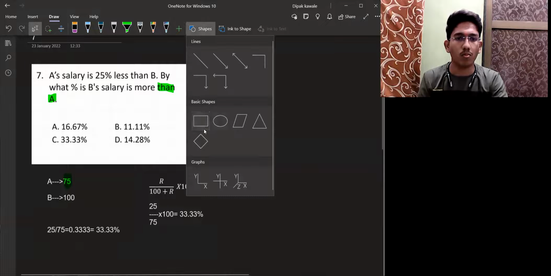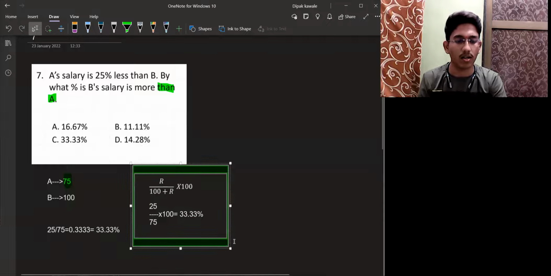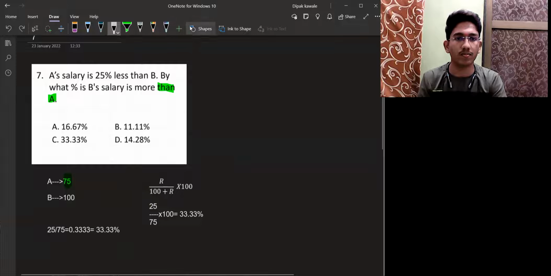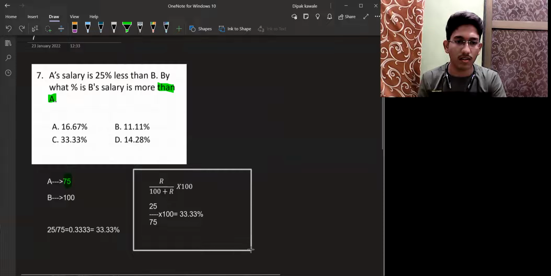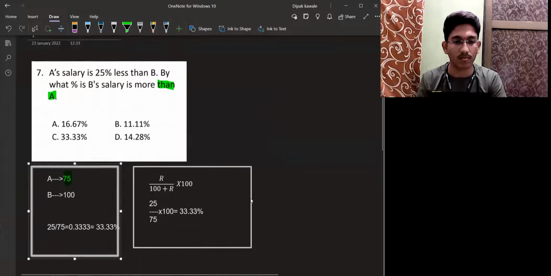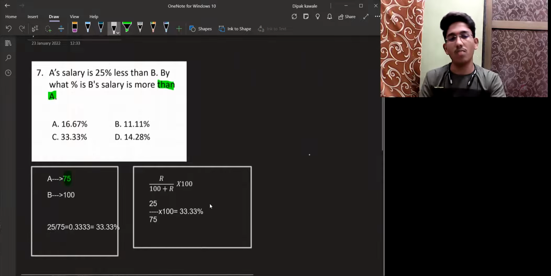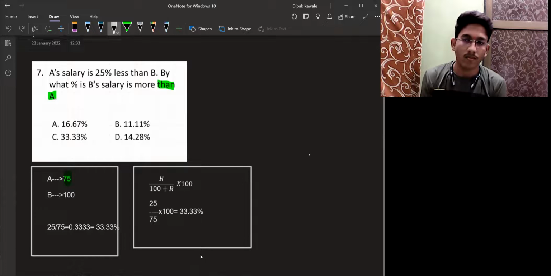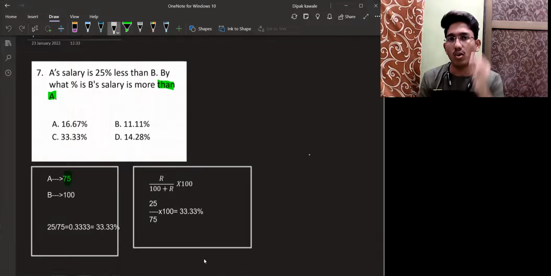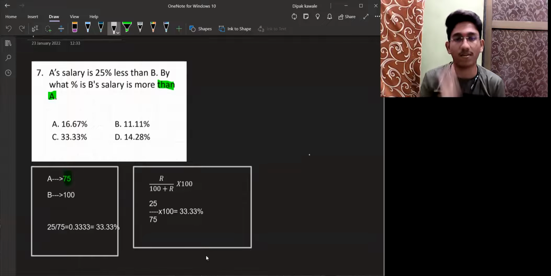Now we have seen both the types, method 1 and method 2. Tell me students, which one is easier and which one will you prefer to solve these types of problems in exams, method number 1 or method number 2? If you have seen my earlier videos, I have told you one thing. In aptitude exams, please avoid formulas. Sir, why? Because formulas we have to learn by heart and tricks we have to learn.